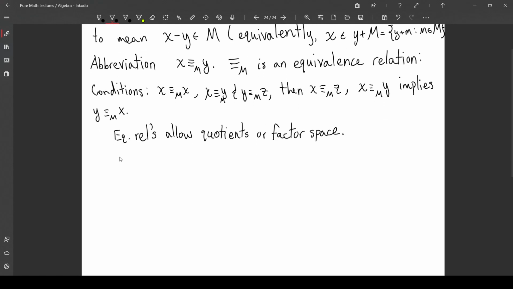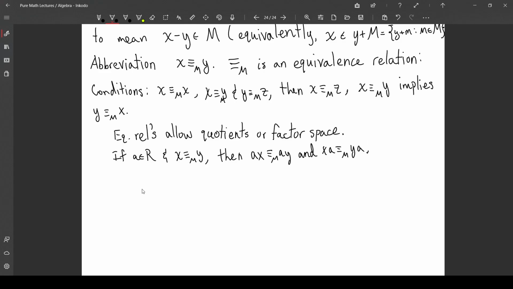But first, we're going to prove some more algebraic relations. So if A is in R and x is congruent to y, then Ax is congruent to Ay, and xA is congruent to yA.